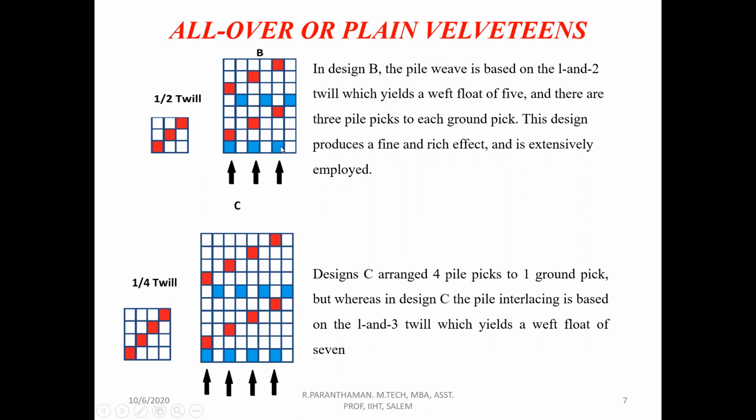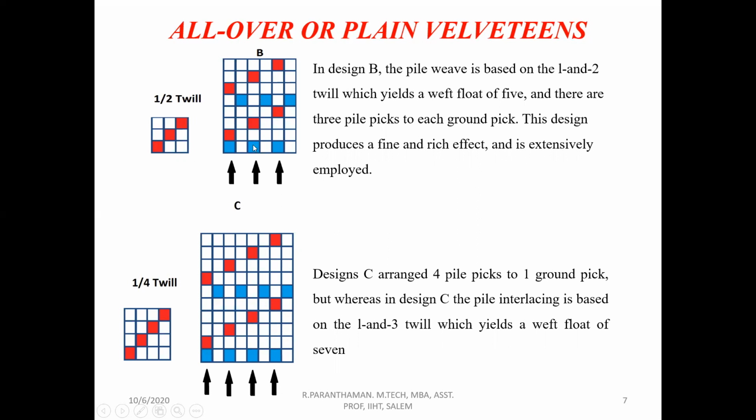In the arrangement, the blue solid mark indicates the plain view for ground threads, and the red solid mark indicates 1 up 2 down twill, but all are in alternate ends. See here, 1 up 2 down, again 1 up 2 down, but they are placed in alternate ends.